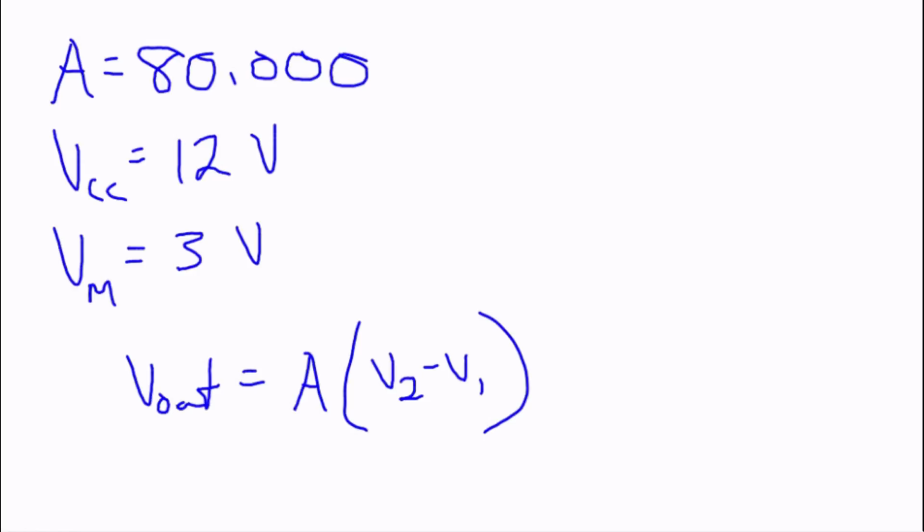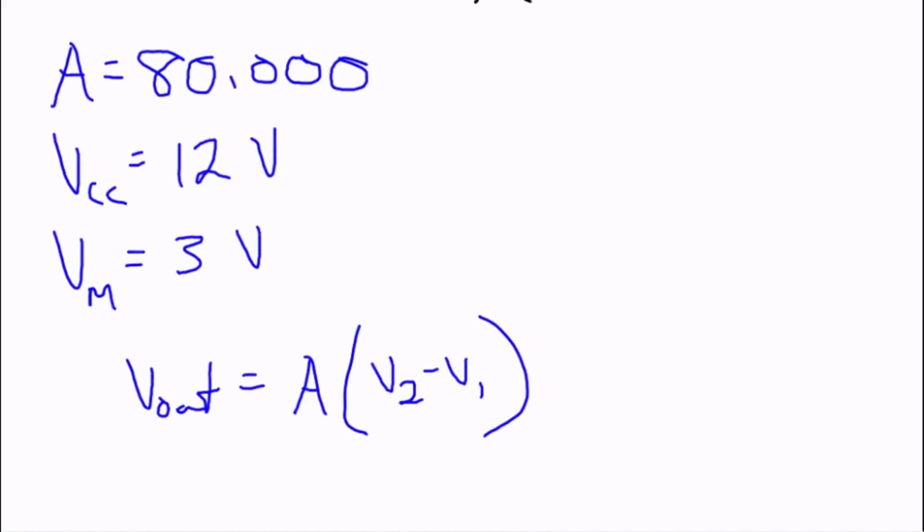And this Vout has to be less than 9 volts. Perhaps I shouldn't have skipped that step, but all that is, is our 12 volt supply minus our 3 volt buffer area. And again, these are absolute values that we're concerned with here. So don't worry too much about your signs or what you put first.